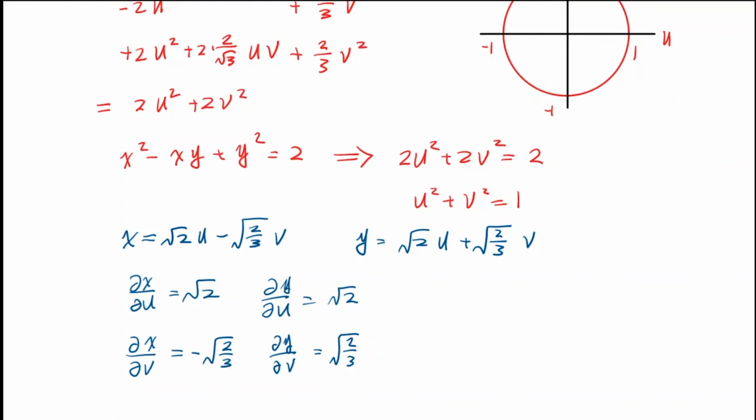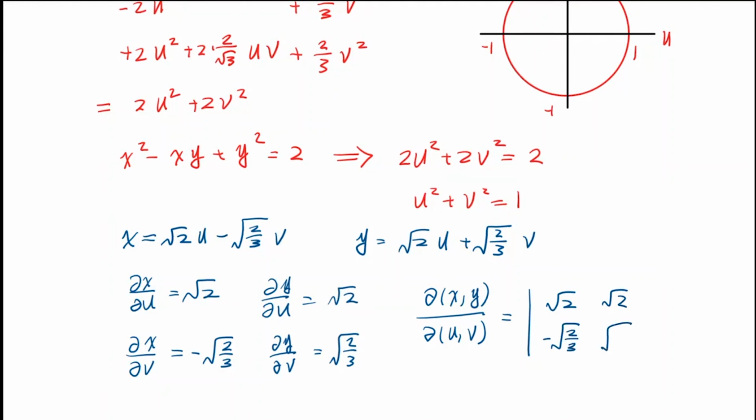Okay, shall we figure out the Jacobian then? So therefore, the Jacobian, the thingy that goes inside the integral, is equal to the determinant of √2, negative √2/3 and then √2/3.